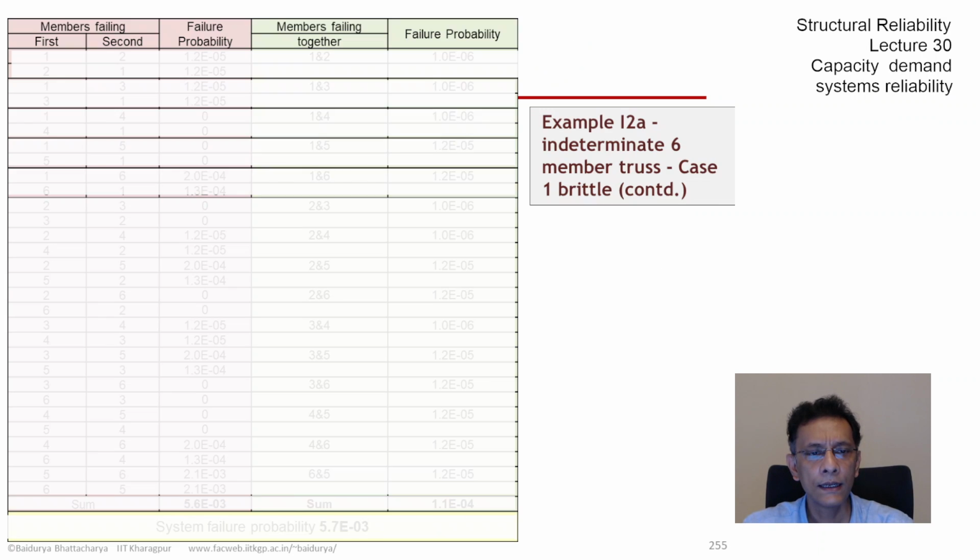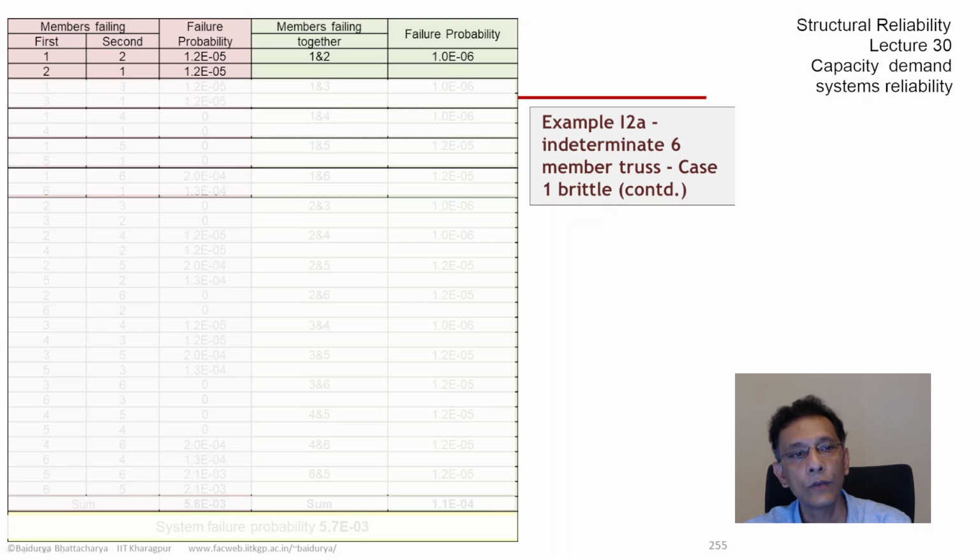So putting now after the computation, we can tabulate all of them, and let's look at a few of those. So let's look at the very first set of rows. So it's the member sequence 1 then 2 and 2 then 1, and on the right you have 1 and 2.